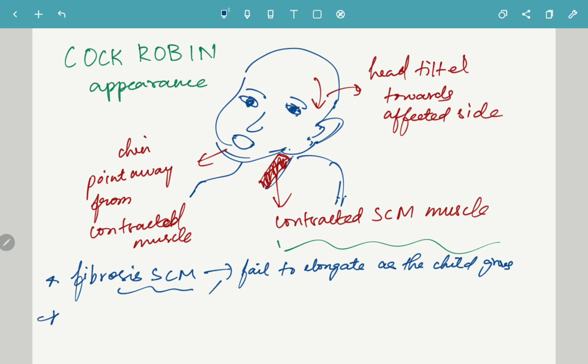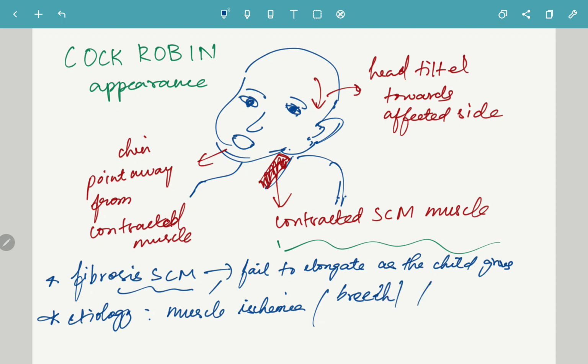So what is the main etiological cause? The main etiological cause is muscle ischemia. Why is there muscle ischemia? Due to a distorted position in utero, say breech position, or any kind of birth injury.